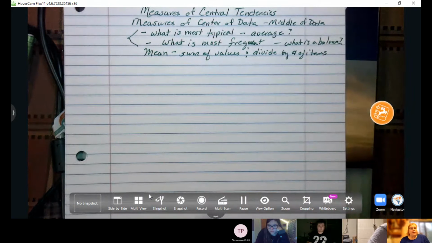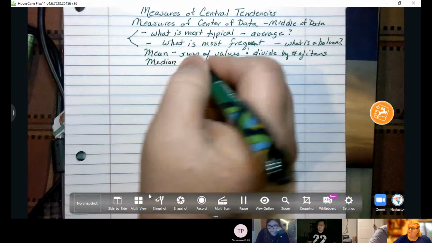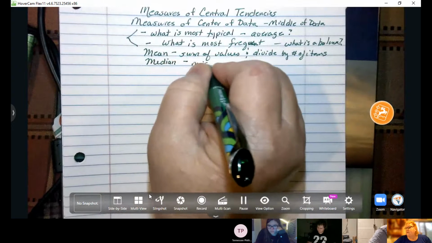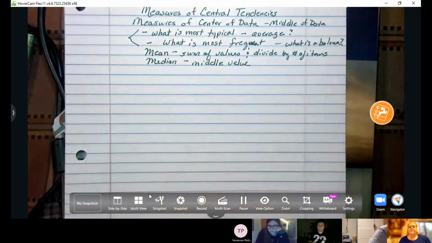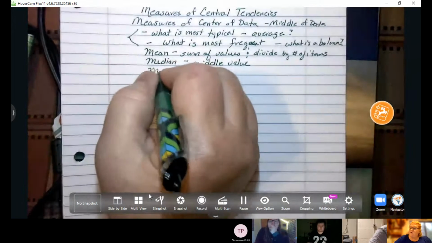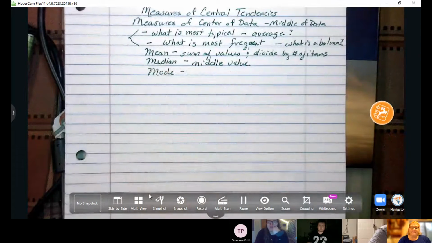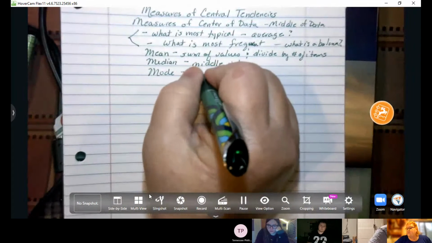That's briefly just what a mean is. You sum up all the values and you divide by the number of items. Median, you've heard of before. It is telling you the middle value of the numbers. Mode, you've heard of before, which means it's the value that occurs most frequently.